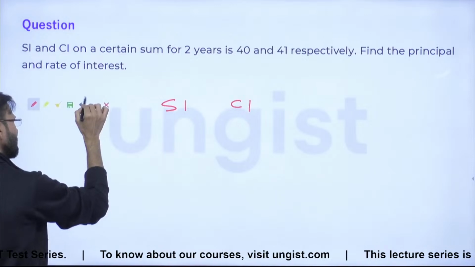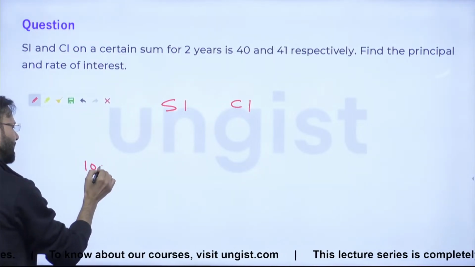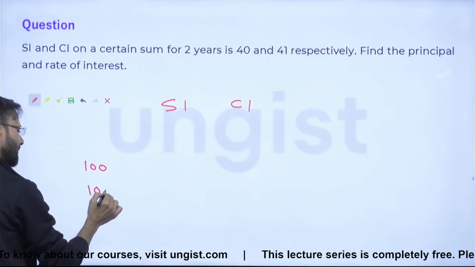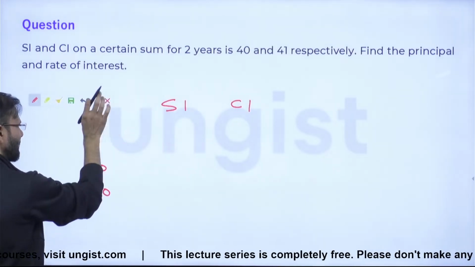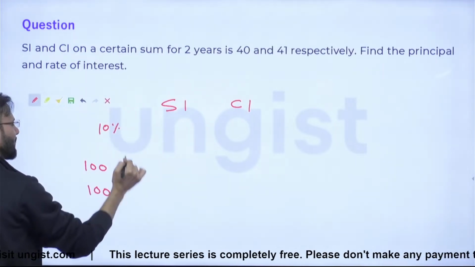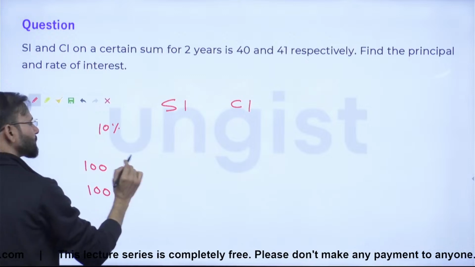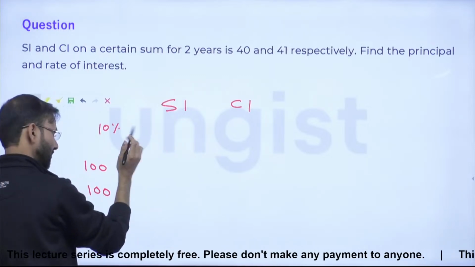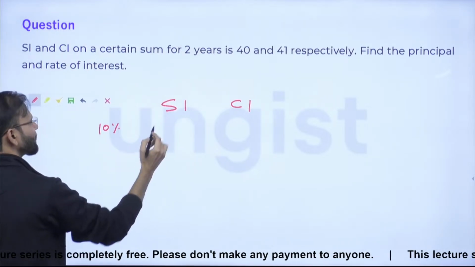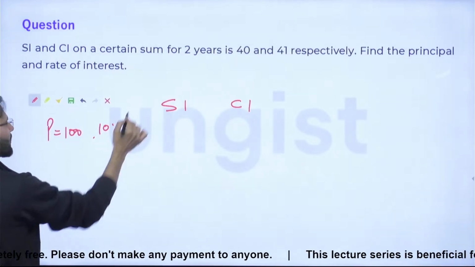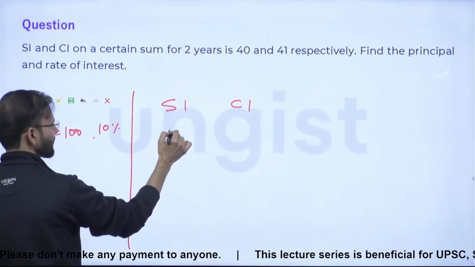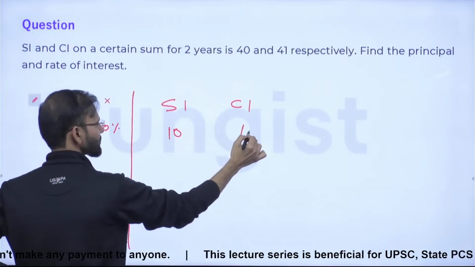मुझे ये बताइए जरा. If let's say we have 100 rupees, right? And rate of interest, let's say 10%. Let's say the rate of interest is 10%. So let's say the principal is 100. So in first year, the SI is 10 rupee and the CI is also 10 rupee.